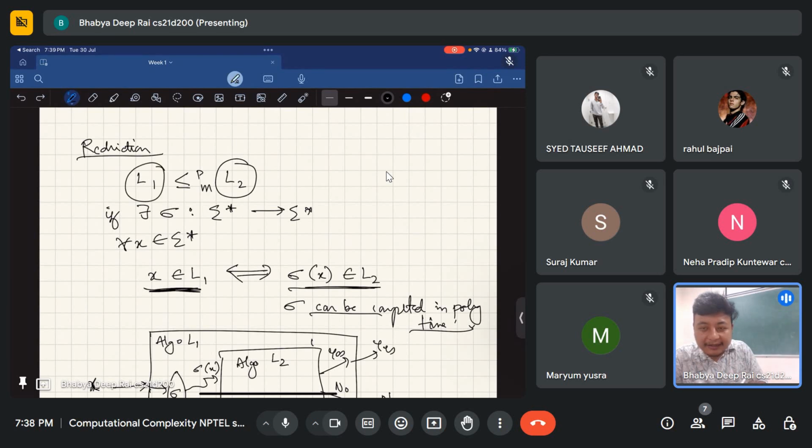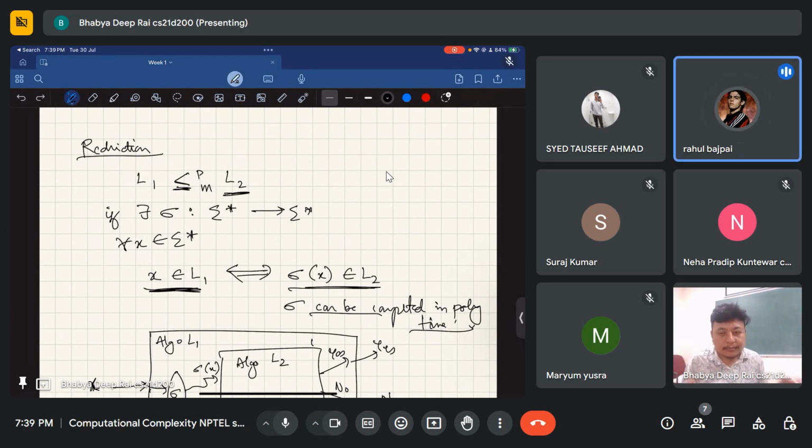Okay, and so in essence, it shows that L2 is possibly harder than L1, because if I solve L2, I can solve L1 also. So this greater than or equal to sign says that whatever is to the right is harder, or as hard, as what is to the left. So L2 is at least as hard as L1.